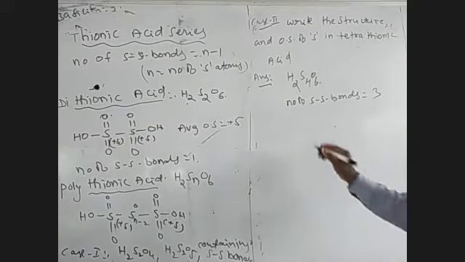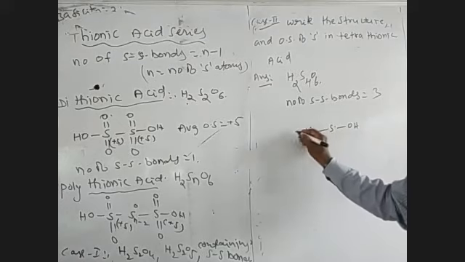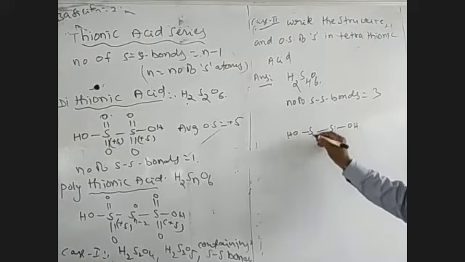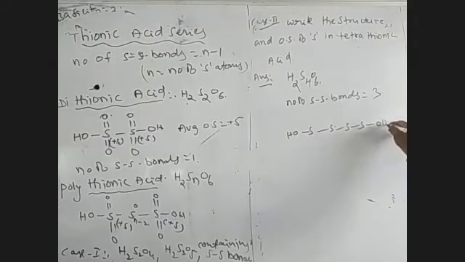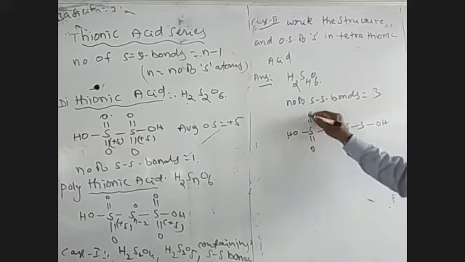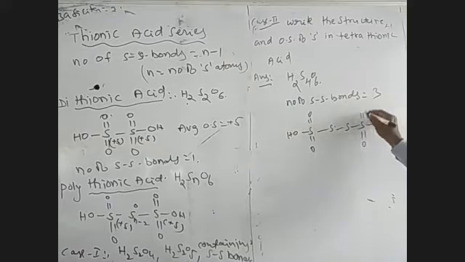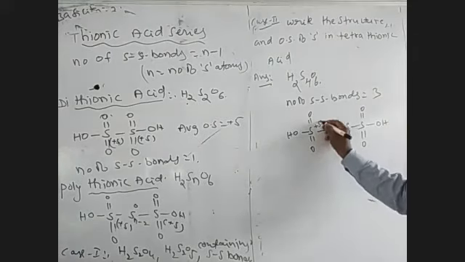In H2S4O6, S and S have single bonds, and the basicity of this acid is equal to 2, with OH groups, and the number of sulfur atoms is 4, with double bond O on each terminal sulfur. In this case, the oxidation state of the sulfur is plus 5.